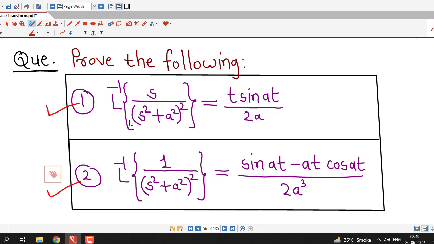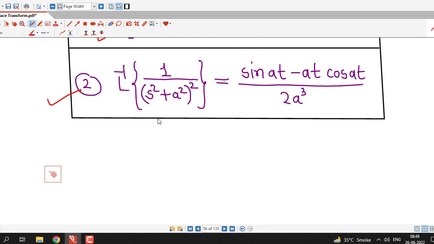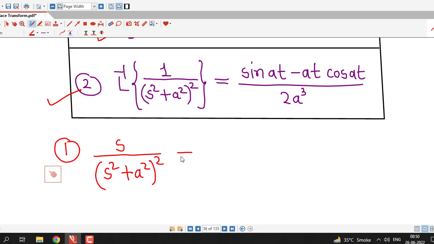So first we derive inverse Laplace transform for s divided by s square plus a square square and we will use convolution theorem. To use convolution theorem, first we have to write our function as a product of two functions whose inverse Laplace transform can be obtained by the methods which we have discussed so far.